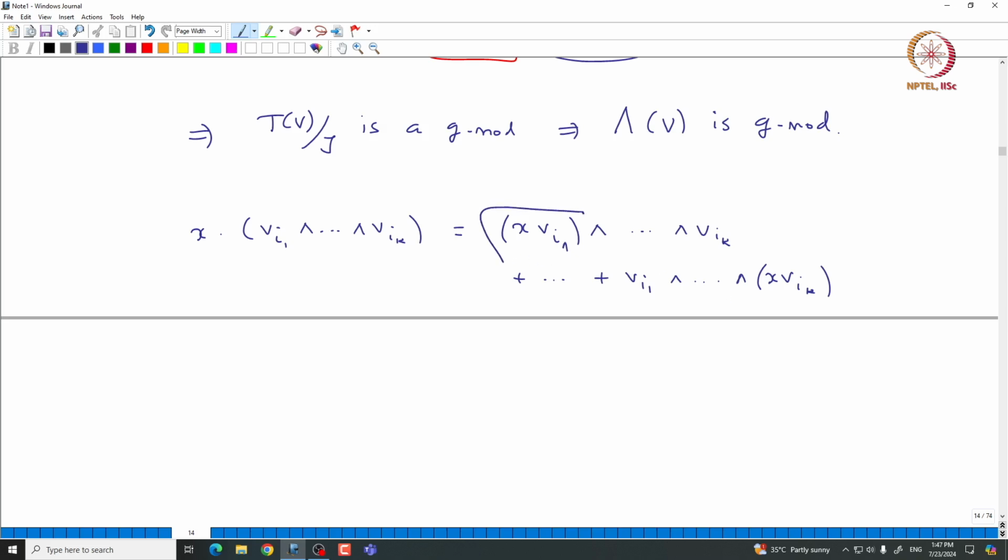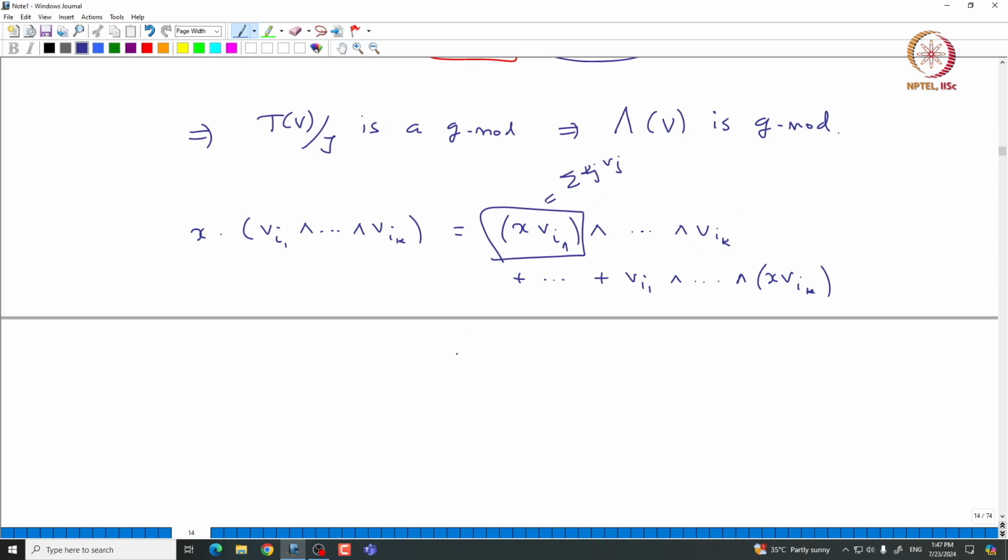Like, you can see that this x v_i is going to be a linear combination of some v_j's, because this is an element of G. So whatever it is, this is going to be just some summation k_j v_j. Now, if you take this wedge product, it will commute with the summation.